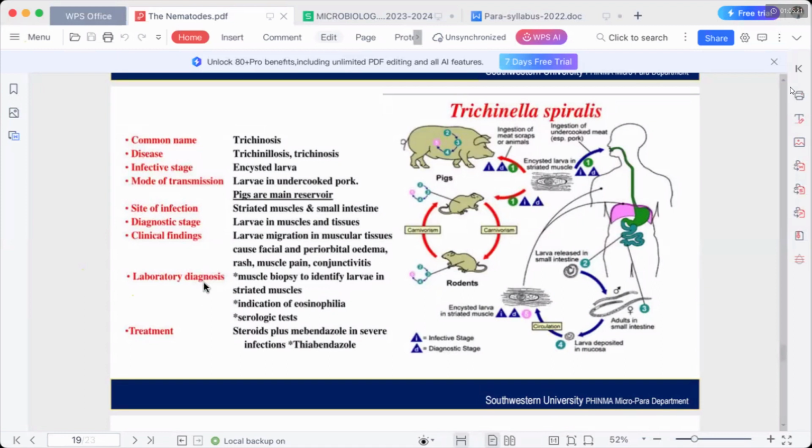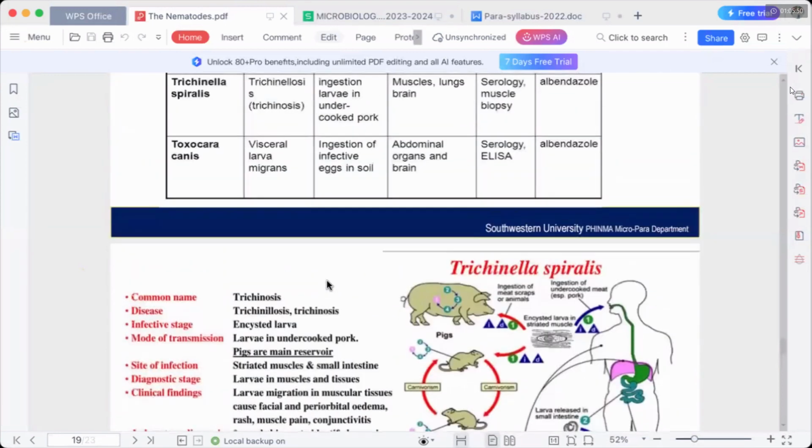For the laboratory diagnosis, muscle biopsy is important to identify the larva in the striated muscle. Then there's eosinophilia in the CBC, and you can always do the serologic test. For the treatment, mebendazole or albendazole.